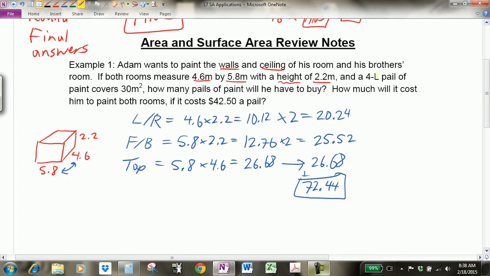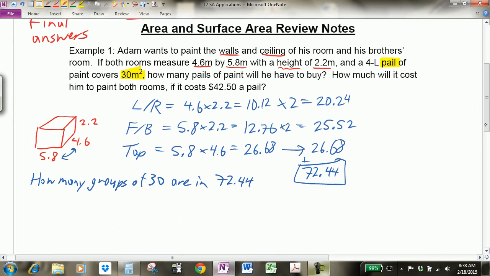So now we have to figure out how many pails we need to buy if each pail covers 30 meters squared. So what we have to figure out is how many groups of 30 are in 72.44.